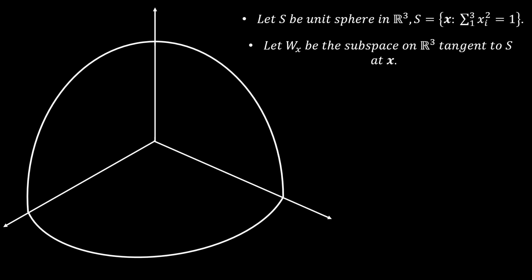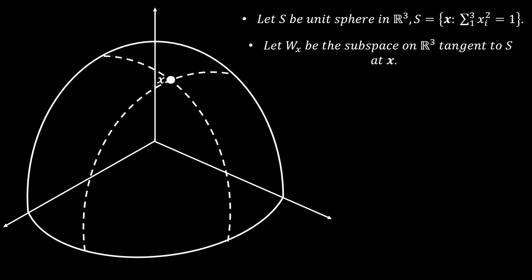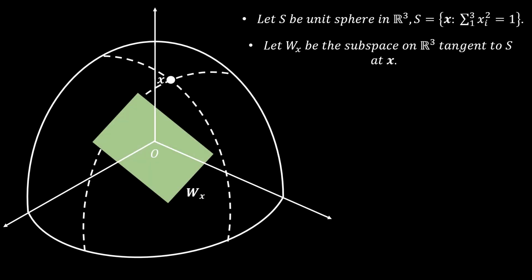So let Wx be the vector subspace of R cubed tangent to S at x. Now, it's very important to know that when you're looking at a vector space, that is a plane or a space that at least includes the origin. And so if we have x at this point, then the plane that is parallel to the tangent at x, but that includes the origin, is what we would represent with Wx.